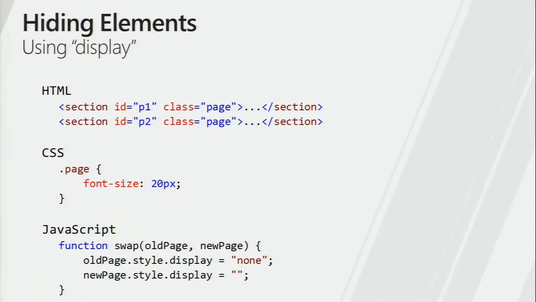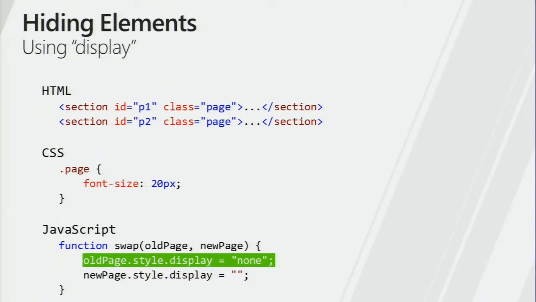Now once you have the various different elements you want in your page, you're probably going to have various pieces of content you don't all want visible at the same time, but you want to show and hide them in response to user events. The simplest way to show and hide things is using the display property. This is something that sits off of the style object of an element, so you can just access it and change it using style.display.